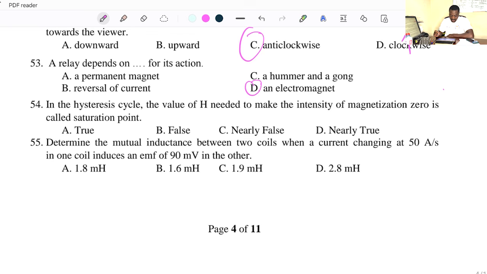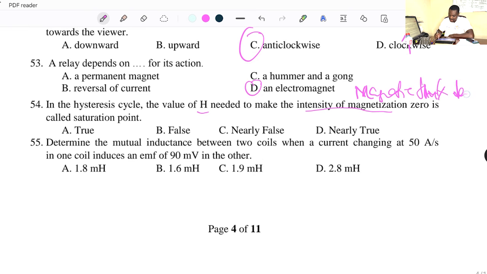In question 54, in the hysteresis cycle, the value of magnetic field strength needed, which is H needed, to make the intensity of magnetization zero is called saturation. Intensity of magnetization here just means the magnetic flux density, right?